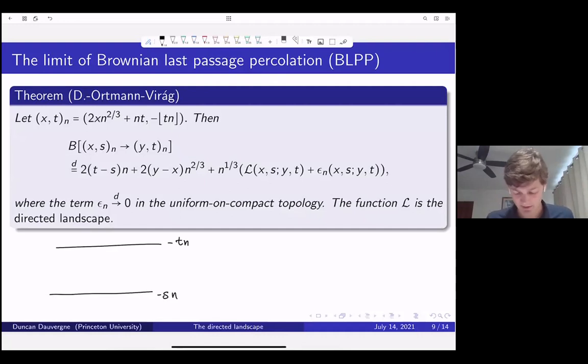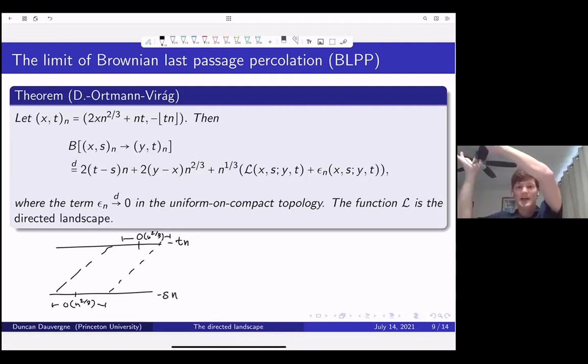I won't say why. And I'm going to be looking at a window which is order n to the 2/3 in space, as we've seen before. And I'm going to look at Brownian last passage values in this strip. And again, what you see is you have an initial mean term, and then the fluctuation term is governed by the directed landscape.